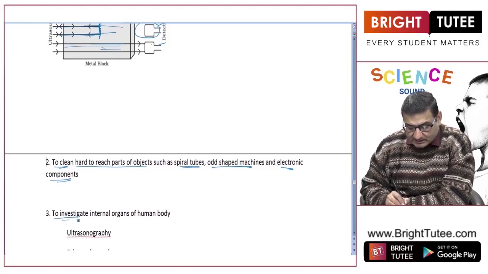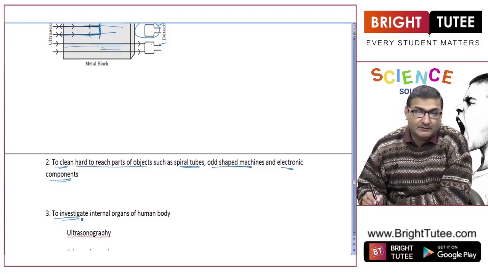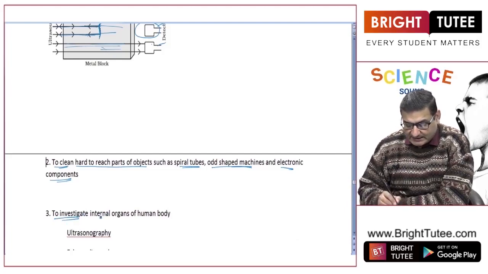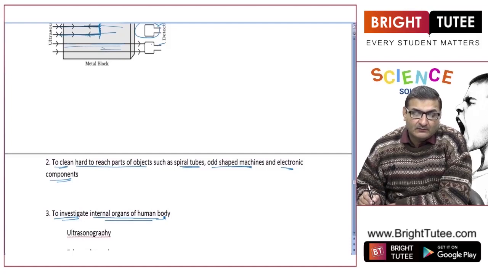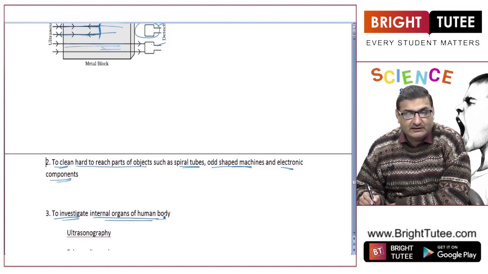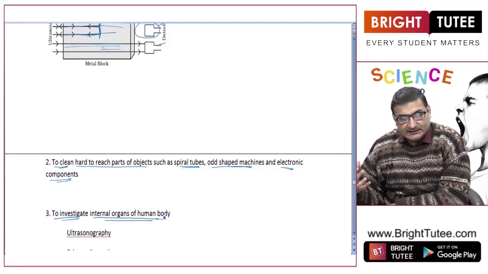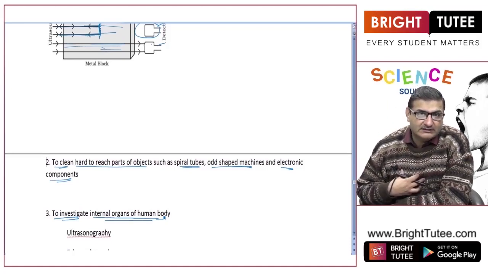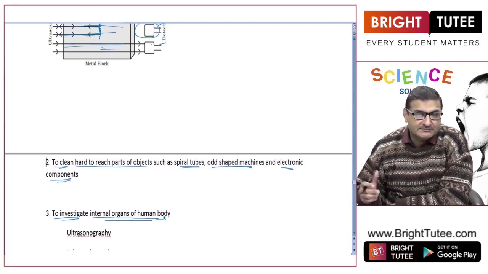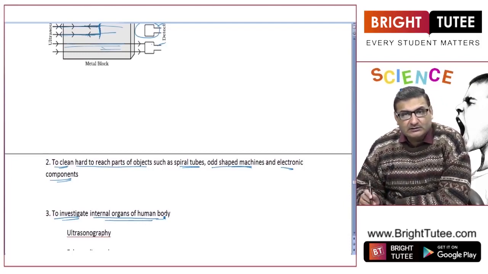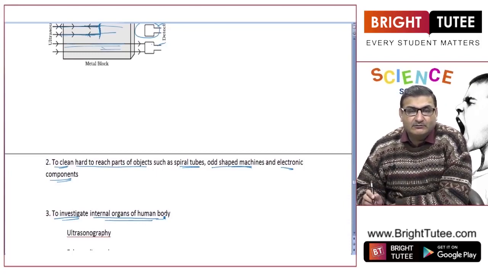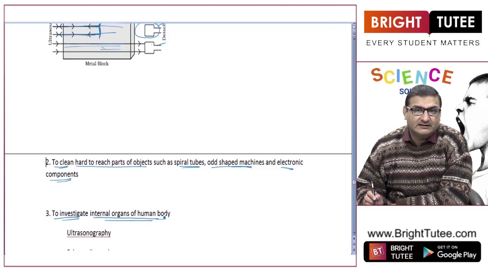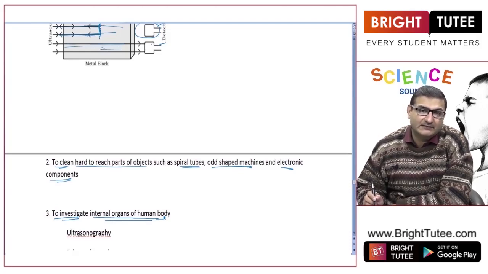Now this is a very important use: ultrasound waves are used to investigate the internal organs of the human body. They are passed inside the human body, they strike the various organs, and accordingly certain pictures may be formed, and the doctors, the physicians, try to relate the normalcy, the working, structure and size of the various body organs inside our body.